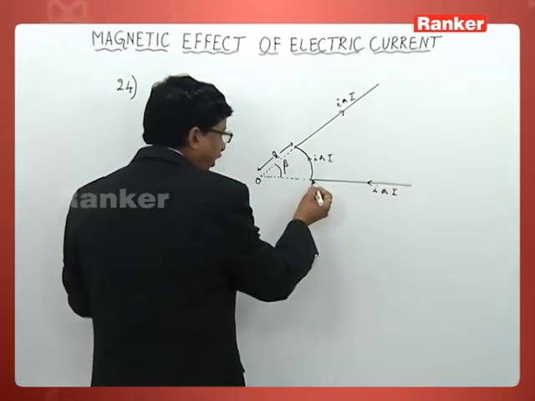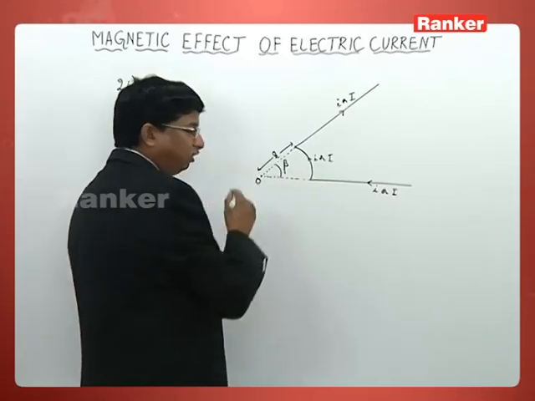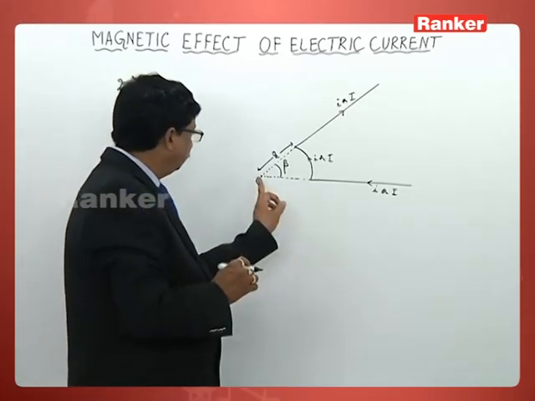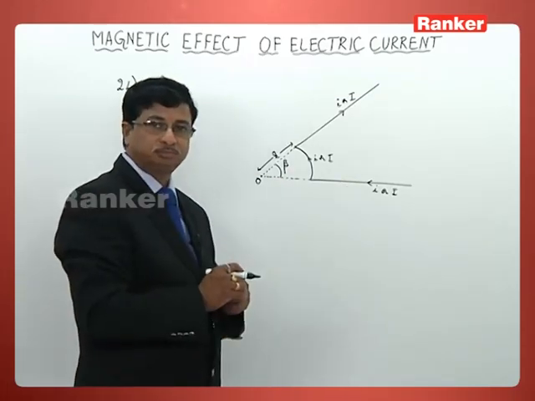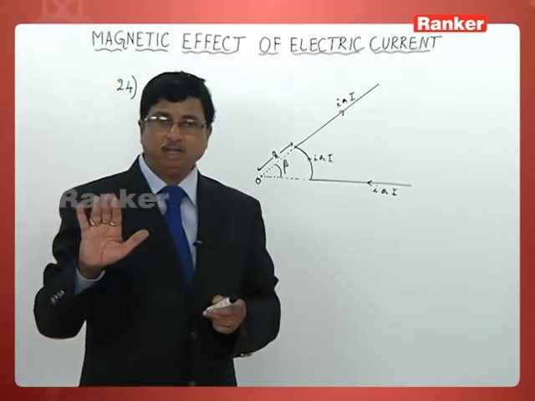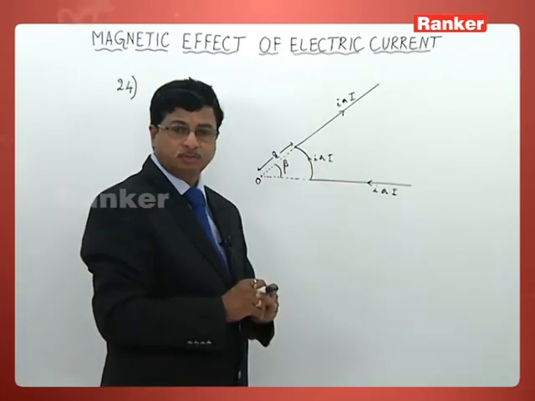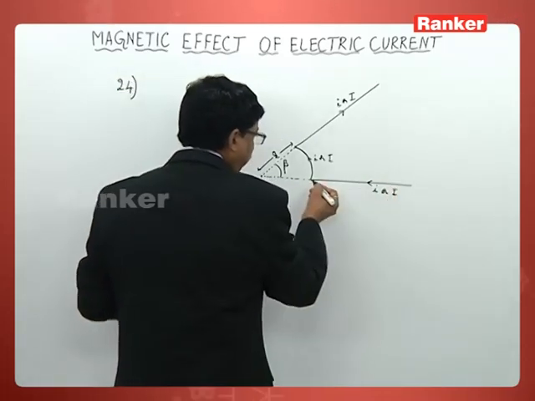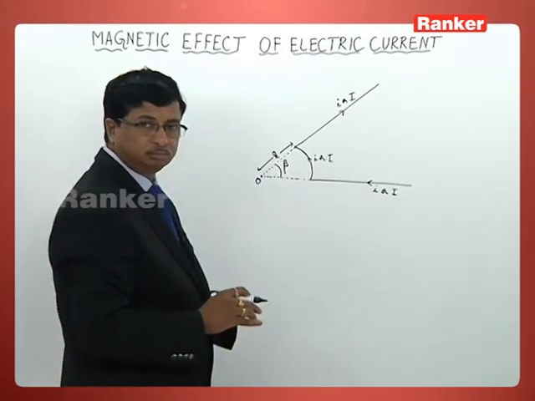This conductor, when I am extending it, is touching this point O. So you can surely understand that this point O is right on the conductor. Then there will be no magnetic field at that point due to the current passing through the conductor. So this portion will never produce any magnetic field at O. So leave that.